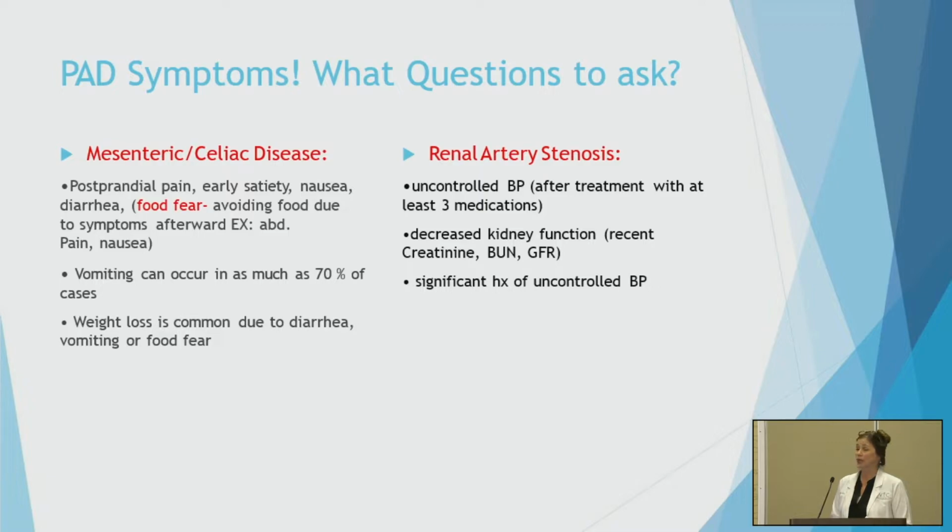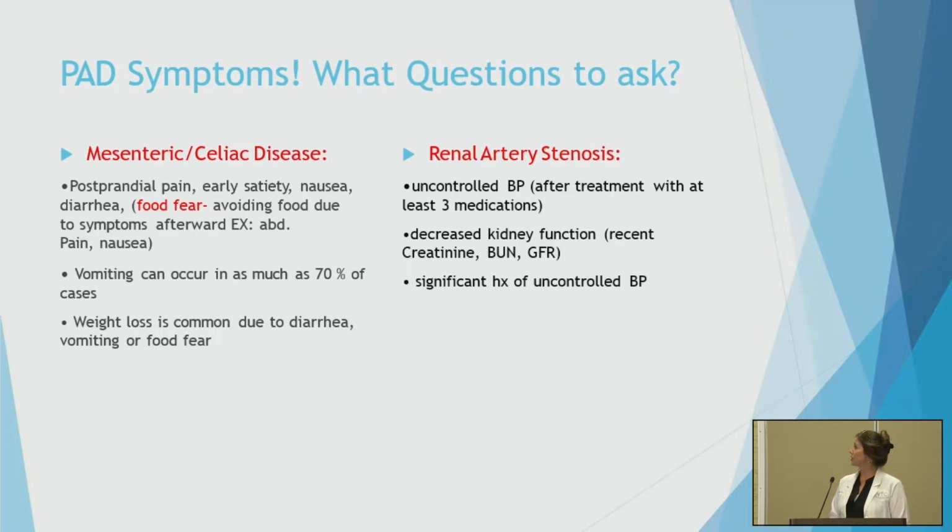So they will greatly reduce what they're eating or how often they're eating. And in about 70% of these cases, patients will at some point have experienced vomiting. And they will also have generally some form of weight loss, and it's due to just the symptoms and to just fearful of eating.